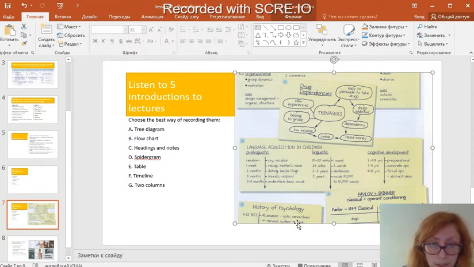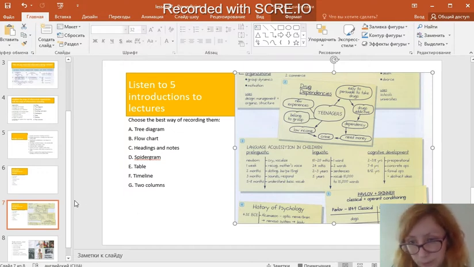History of psychology, again, timeline, and Pavlov and Skinner comparison. We may compare them in a table with 2 columns, like similarities and differences. I hope your answers are very similar to this one.